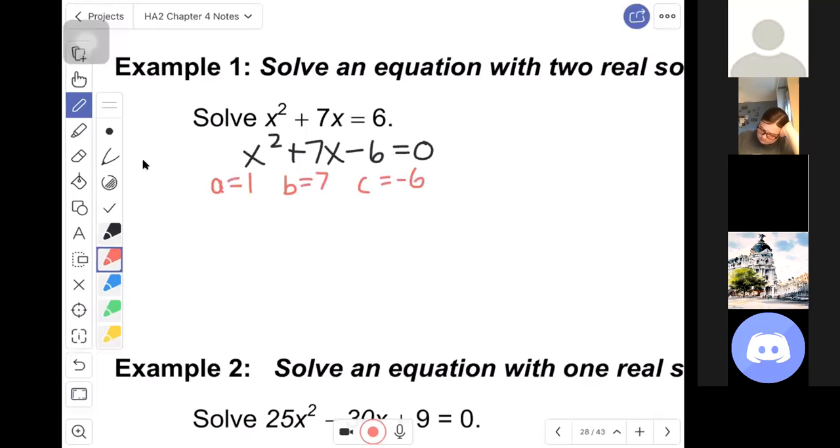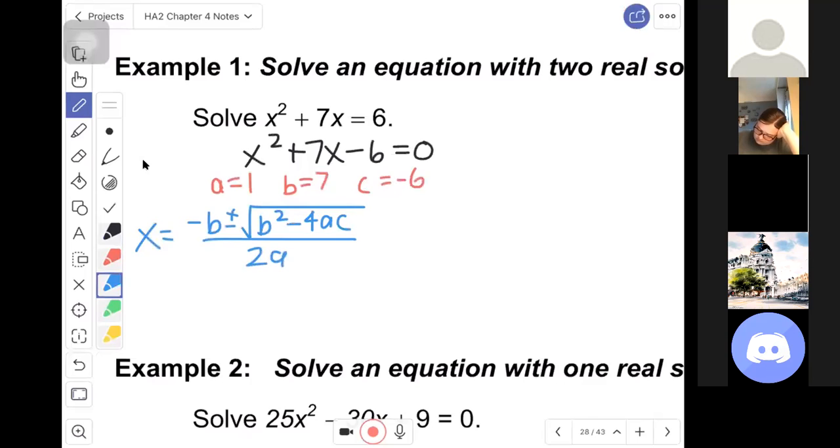So I'm just going to rewrite it down here. x equals -b plus or minus square root b squared minus 4ac all over 2a. That song should be replaying in your head right now on the back of your brain. All right, so we have -b plus or minus, we're just plugging in those numbers that we just found.